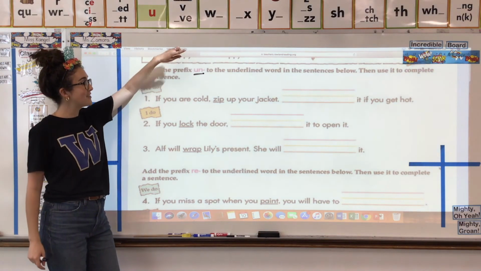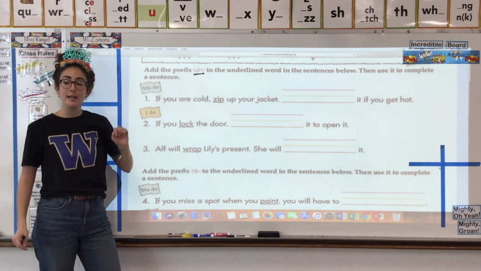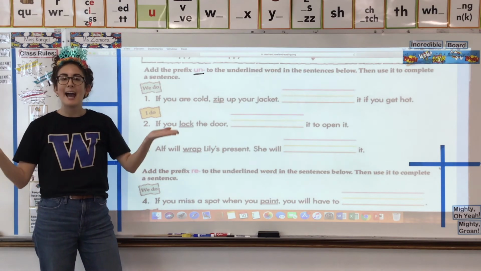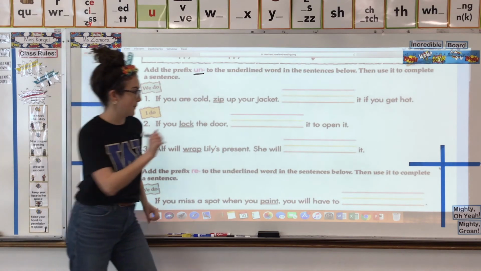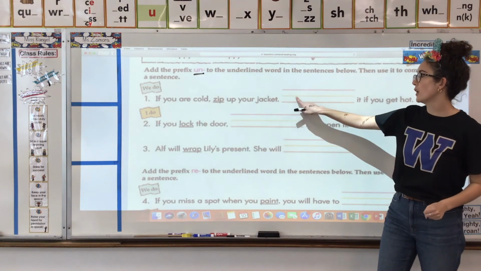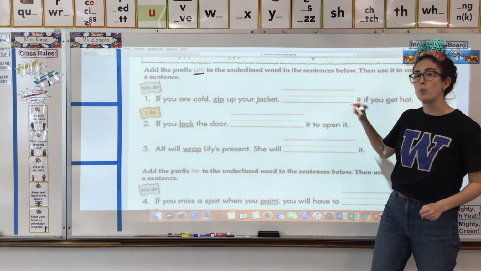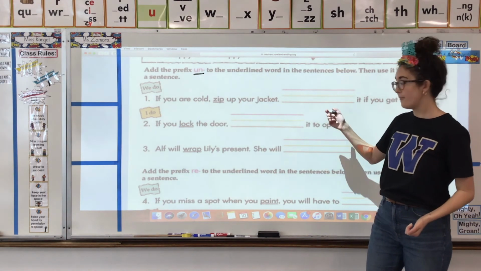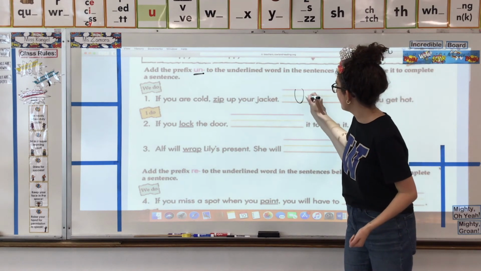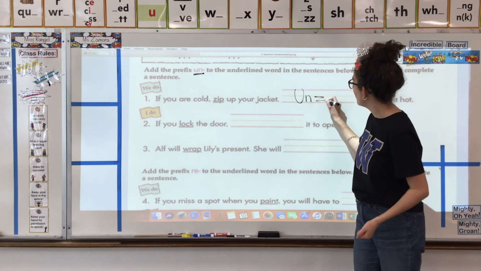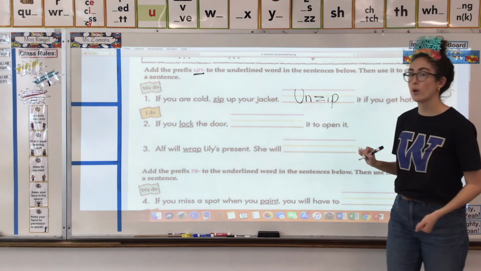So we're going to have to add the prefix un to the beginning of the word and see how this verb changed. So can you come over here? So we're going to write zip with the prefix un. So that means with the prefix, you need to write it first at the beginning of the word and then write your base word after.